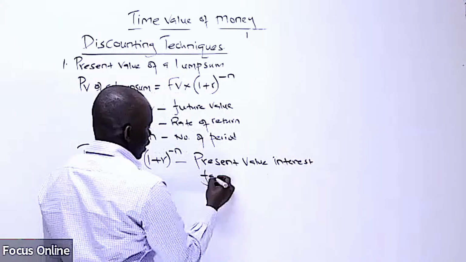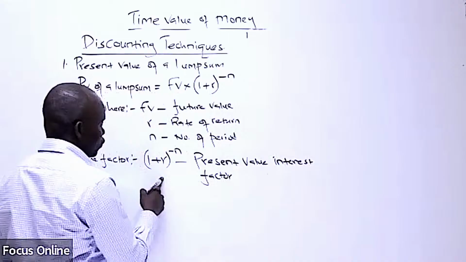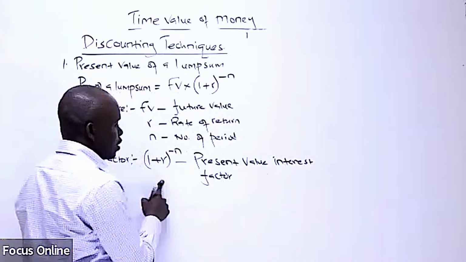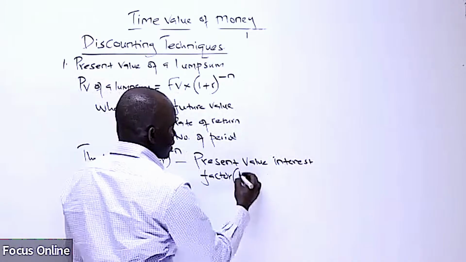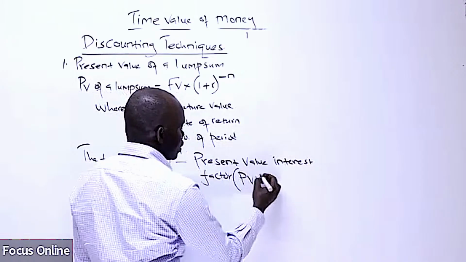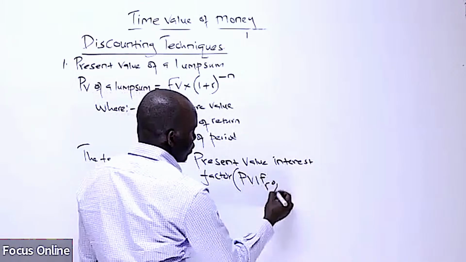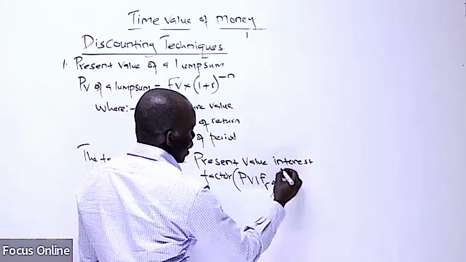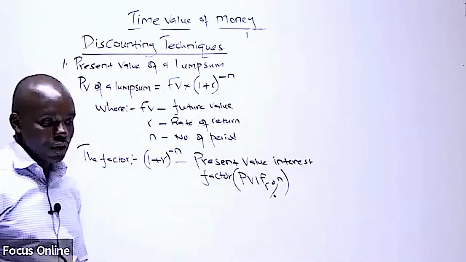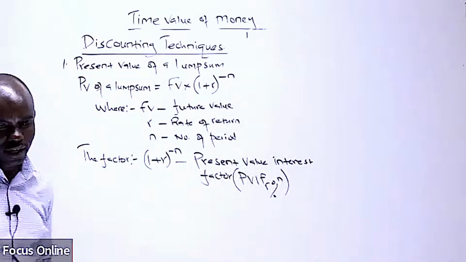In this one, we can read from the tables. So the present value interest factor is indicated as present value interest factor, R percent power n.